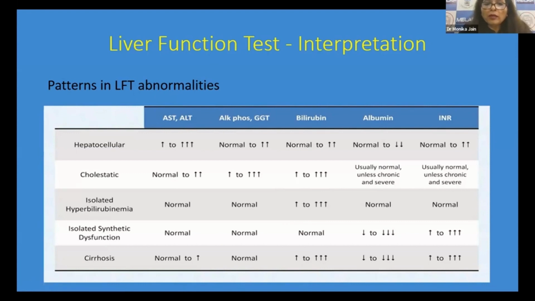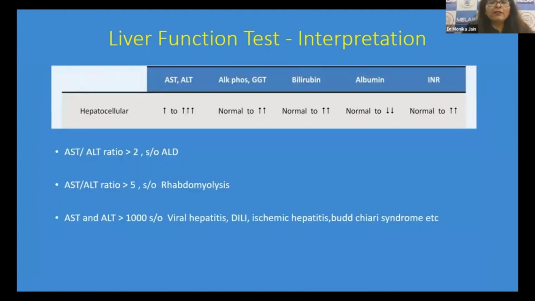So suppose an alcoholic comes and says these enzymes are normal, I don't have any problem. Just look at the albumin. If that is reduced and INR is raised, or there is AG reversal, then you can tell him that probably he is having liver disease and he should get further investigated.